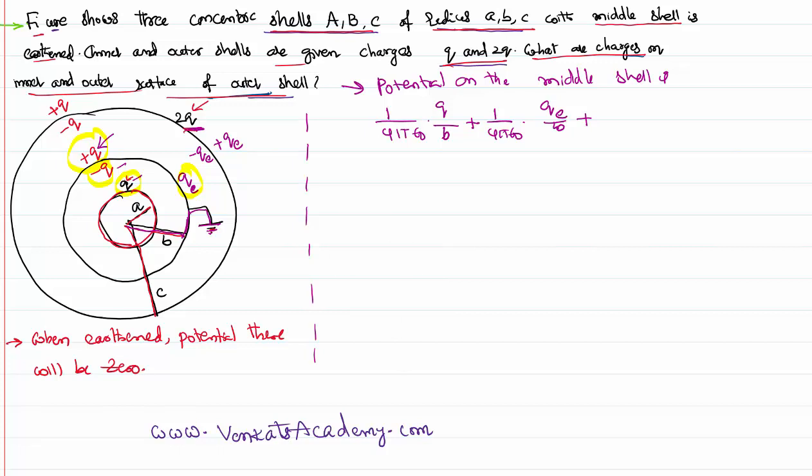How much is that? 1 by 4 pi epsilon naught 2Q by c, and the total is equal to 0. These are the existing charges because of which this much potential is generated. So even if you take the induced charges into consideration, all of them will anyway cancel each other.